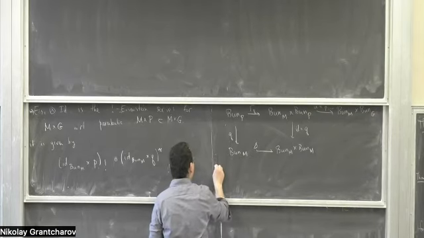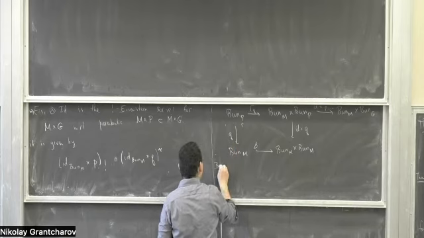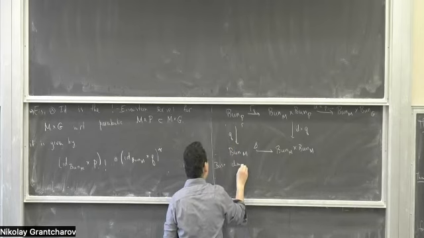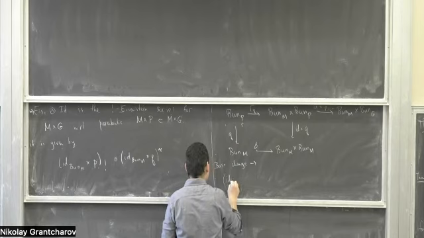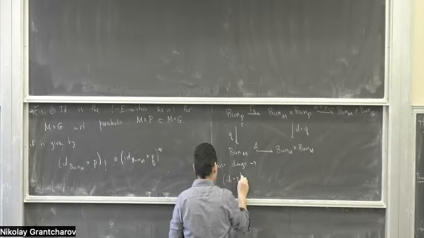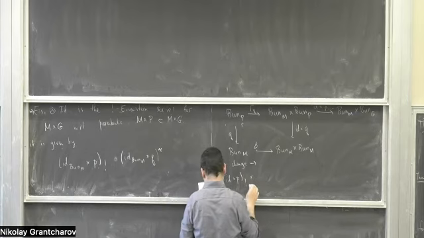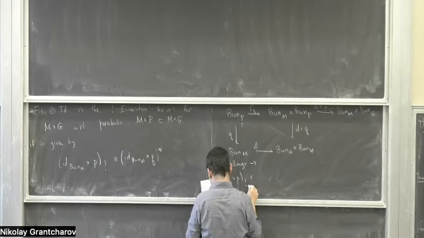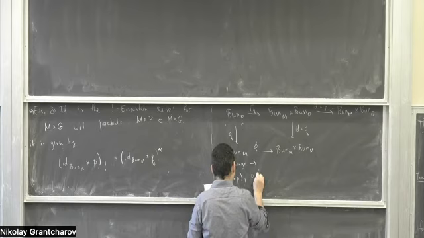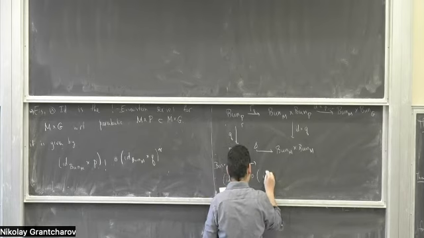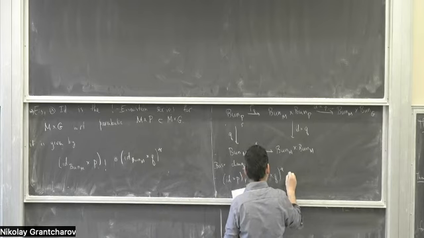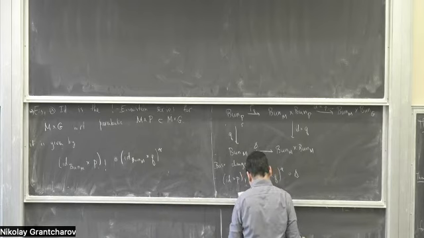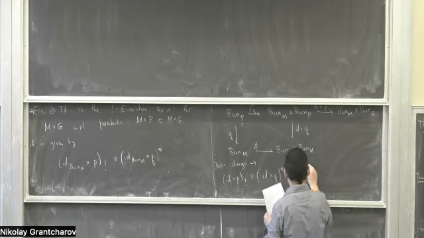So base change, this is pullback. Base change gives that this guy, id times P lower shriek, composed with id times Q upper star, composed with delta lower shriek.